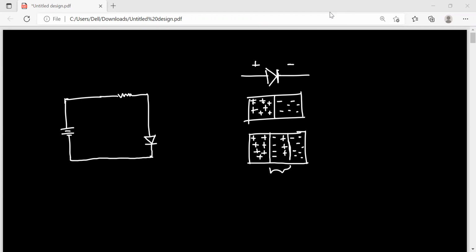So first of all, we need to understand from which material these conductors have been made. The simple thing is it's only made by semiconductor materials. What's meant by semiconductor materials?